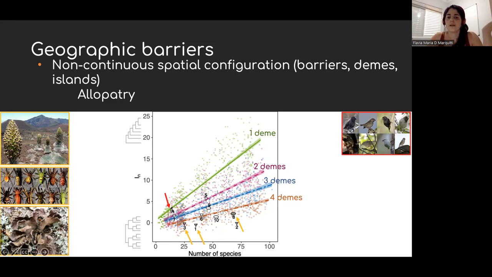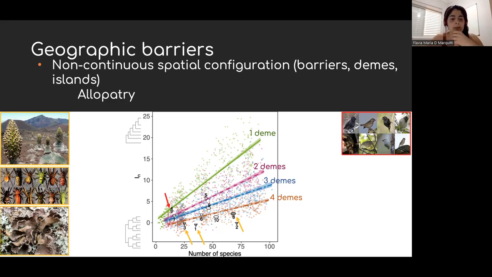So if we put them in this plot, it says they evolved under one island. And one of the explanations we understand for this case is that these birds fly, and they can fly from island to island. And there is a very high gene flow between the different islands.